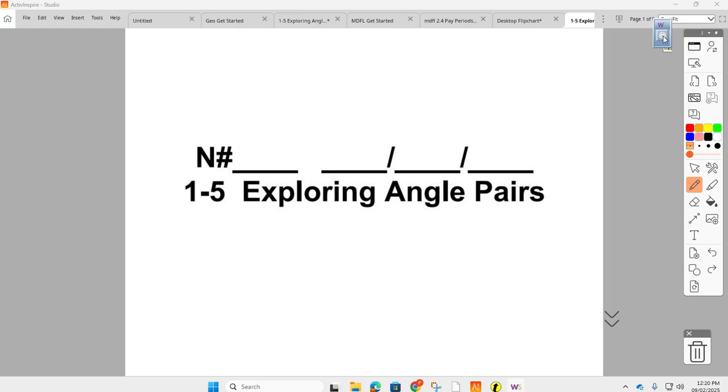Okay? Today we're talking about exploring angle pairs. So we learned what angles are. Angles are formed with two rays, right? They share a midpoint. We measure them in degrees. We're going to learn about what we consider special angle pairs.